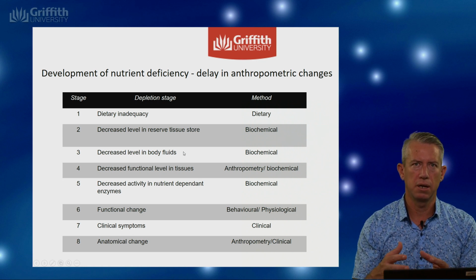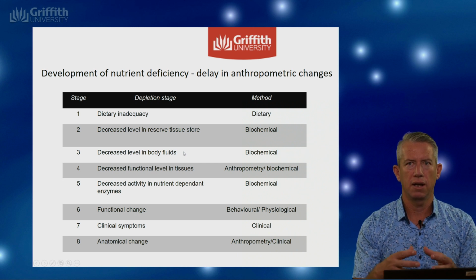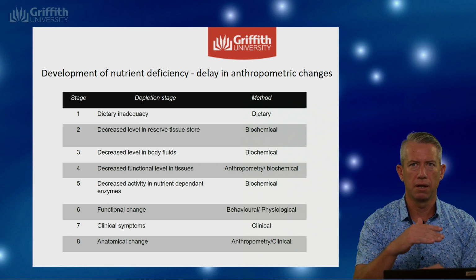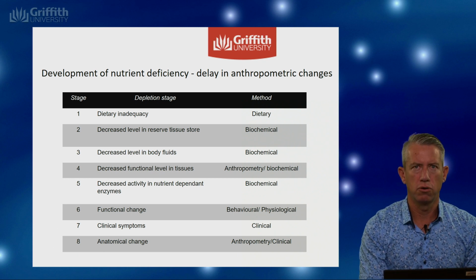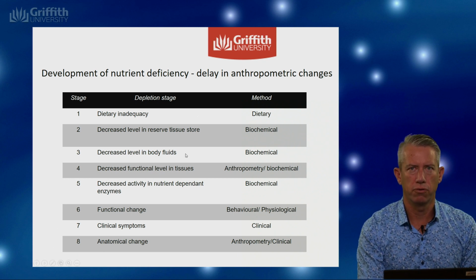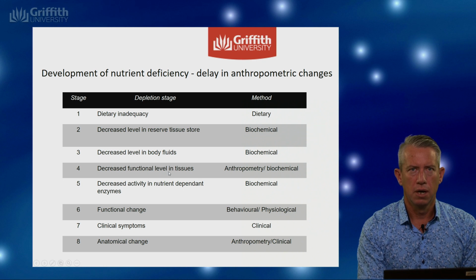So it can be that the tissue reserve goes down, and it goes down for a while, but the blood level is preserved until ultimately the reserve is so depleted that the body fluid levels are also depleted. We then may see a decreased functional level in the tissue, and this is probably more likely going to be picked up potentially through a biochemical assessment rather than an anthropometric assessment.